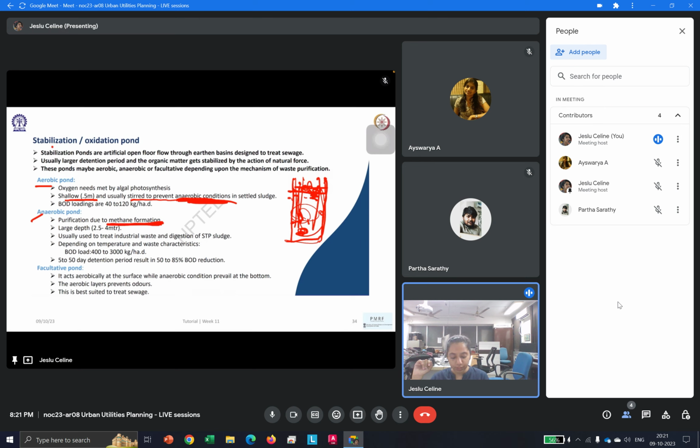Then you have the facultative pond, which has two stages: it acts aerobically at the surface, while anaerobic conditions prevail at the bottom. The aerobic part prevents odors. As we saw in the previous sewage sickness question, whenever an anaerobic reaction happens, it can lead to hydrogen sulfide, which gives foul gases, or methane formation, which can lead to foul smell.